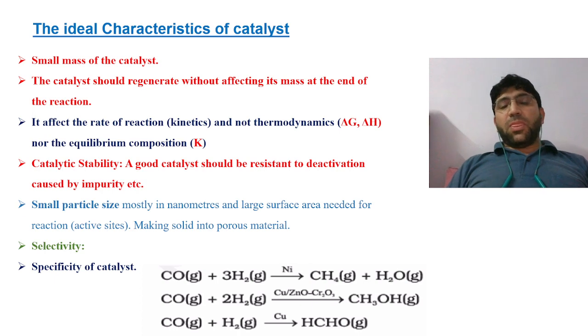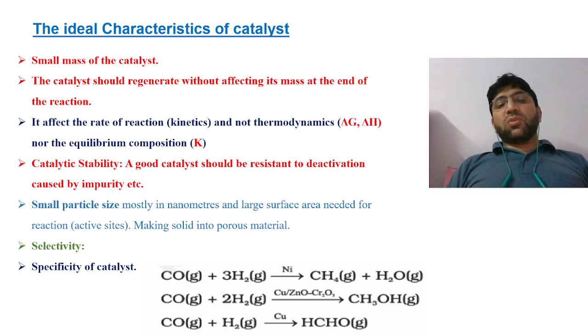And a catalyst should have minimum particle size so that its effective surface area is very high, which will provide good active sites for the reaction to occur on its surface.